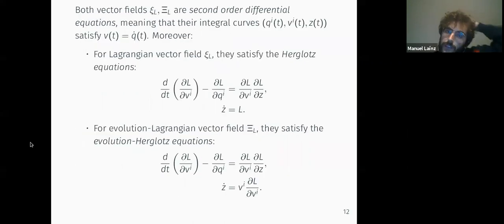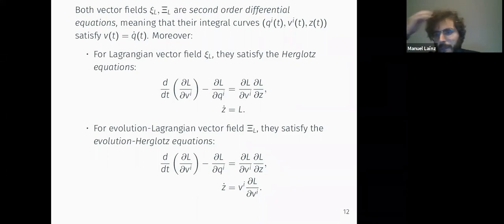Okay, so both vector fields are second order differential equations. This can be characterized in many ways, but one way to characterize it is that its integral curves always satisfy that the velocity, this v^i in bundle coordinates, is the time derivative of q^i.